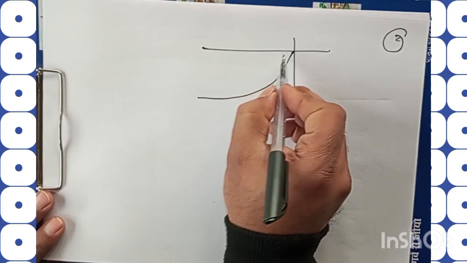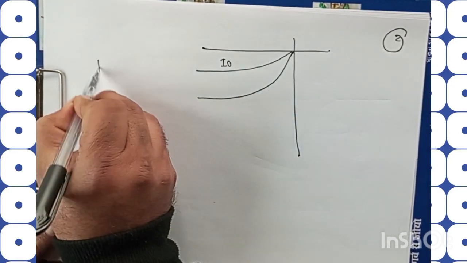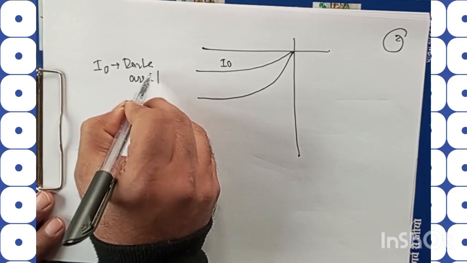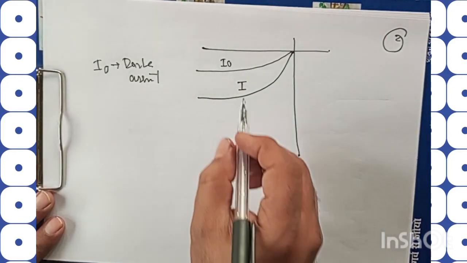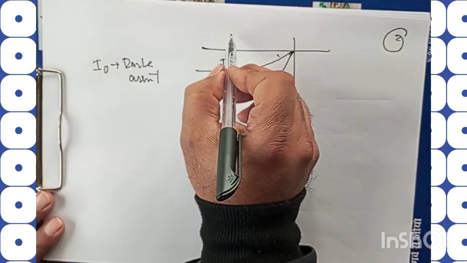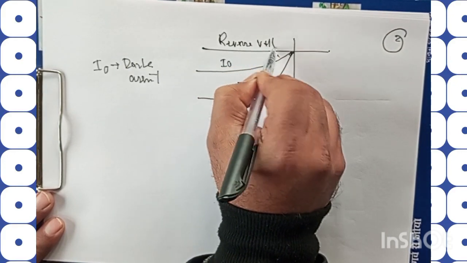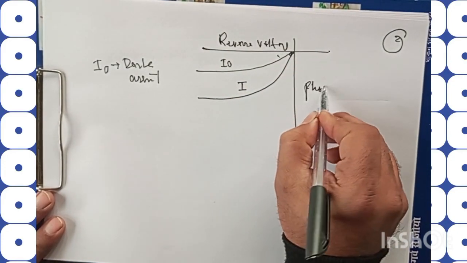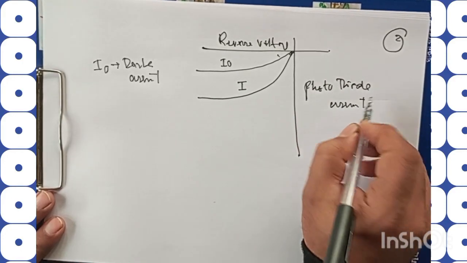Say this is my plot for I naught, and I naught refers to dark current, and this is I. This is my reverse voltage, and this is my photo current, in fact the photodiode current.